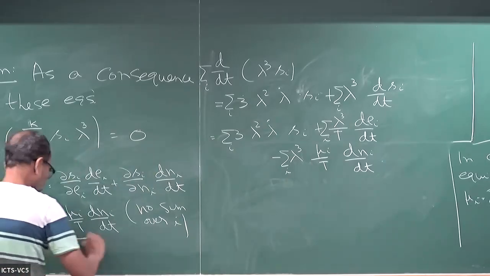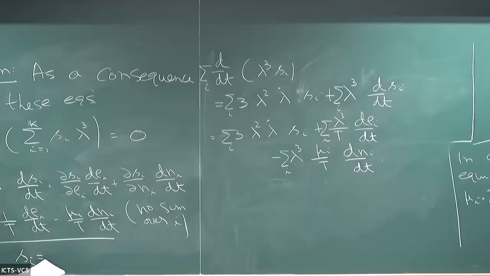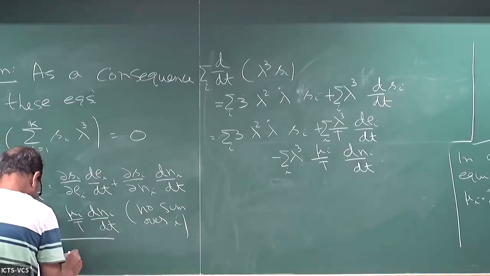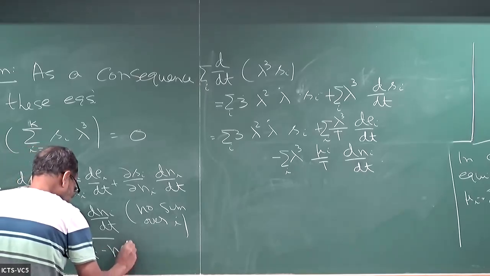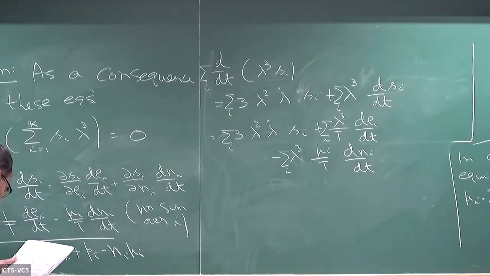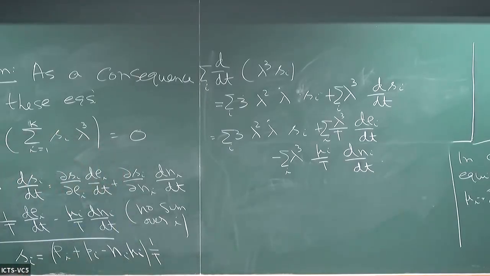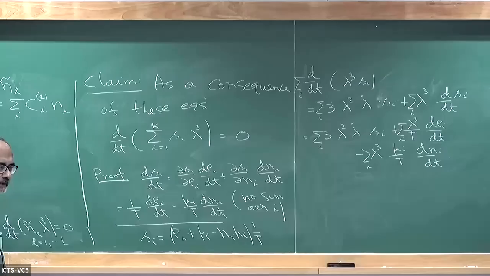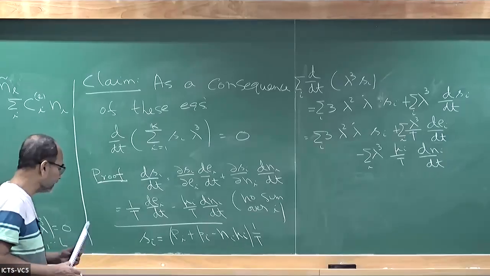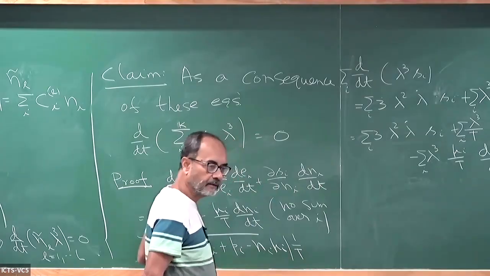Now we are going to use another relation, which again is a thermodynamic relation valid for individual species, which is that Si is given by rho I plus Pi minus Ni mu I, over T. Remember this relation? This was one of the relations we derived in thermodynamics. We are going to use this for every species. So using this, I'm going to replace this Si by what appears here.